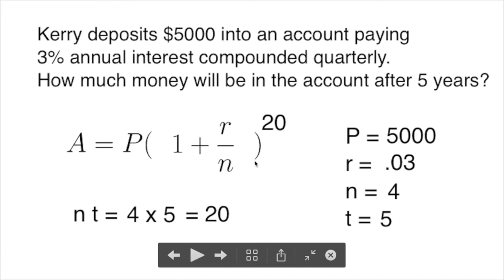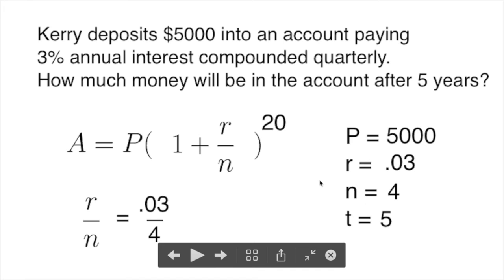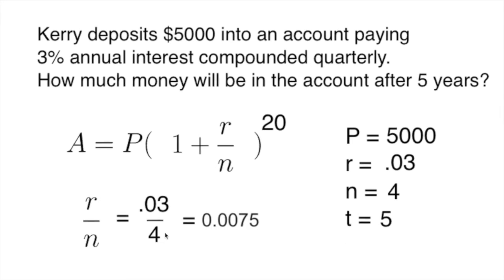Now let's figure out this part right here. We need to figure out what this is equal to. So we have R over N plus 1. So R over N is 0.03, that's R, over 4. And over just means divide. So 0.03 divided by 4. All right, so divide 0.03 by 4 and you get 0.0075. So that's what this fraction is equal to.